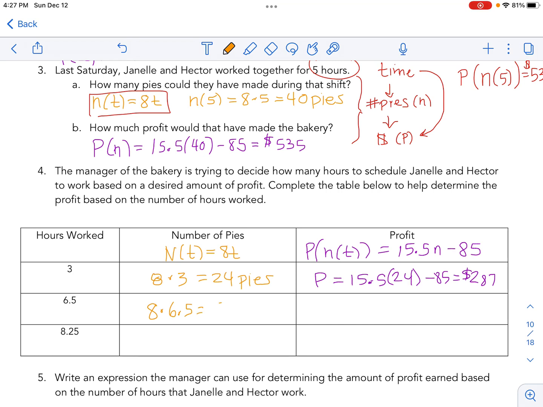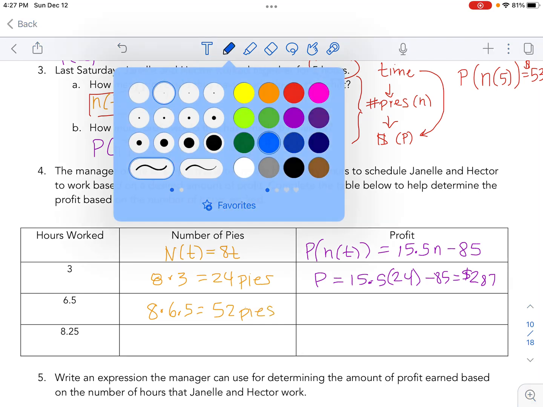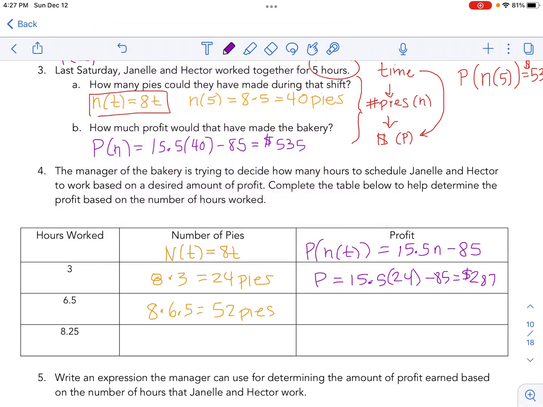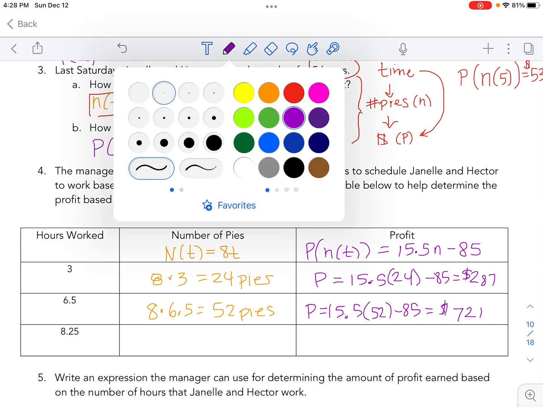Well, 8 times 6.5 is 52 pies. They're going to make 52 pies over that time. And so their profit now is going to be 15.5 times 52 minus 85, which is going to be $721.